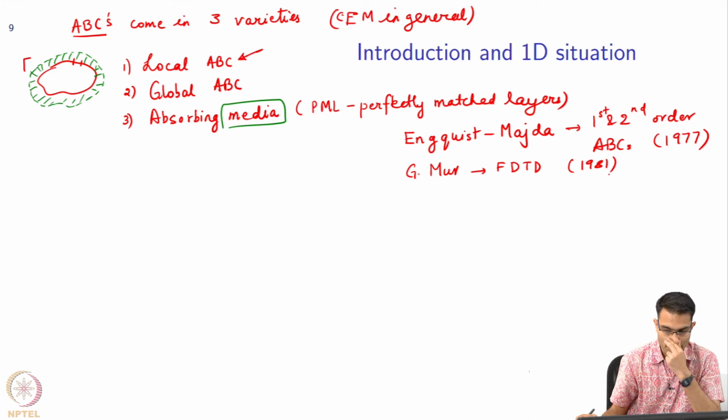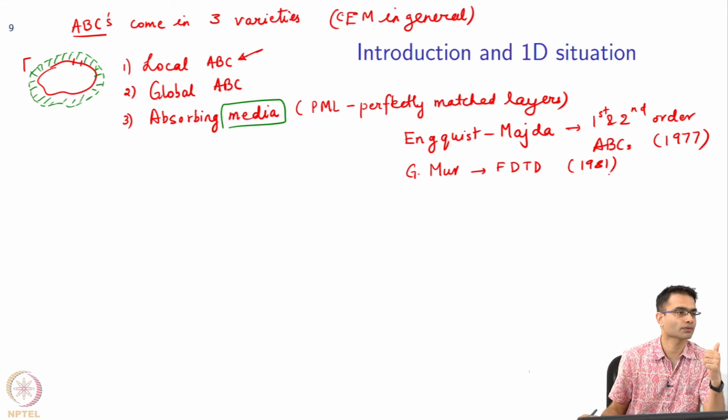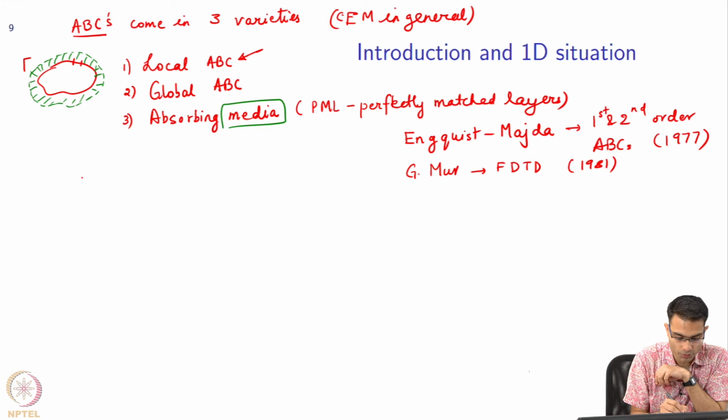Okay, so as before, when we looked at this local ABC in the case of FEM, what did we do? We had looked at the wave equation, right? So we'll again go back to our usual wave equation.